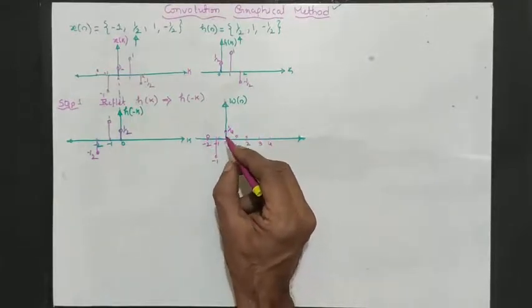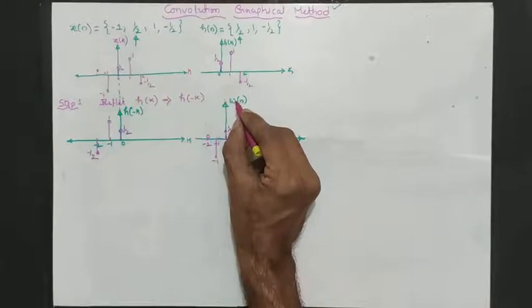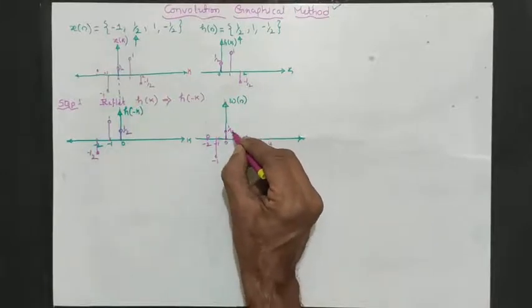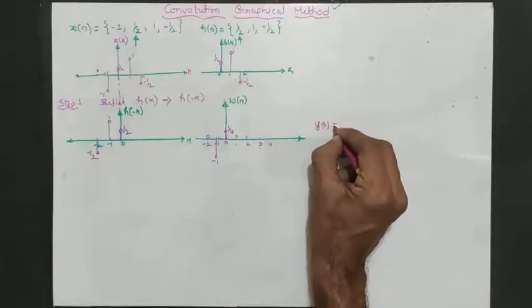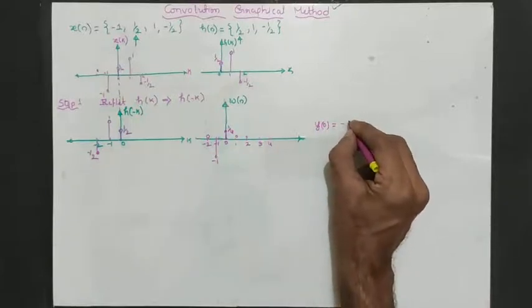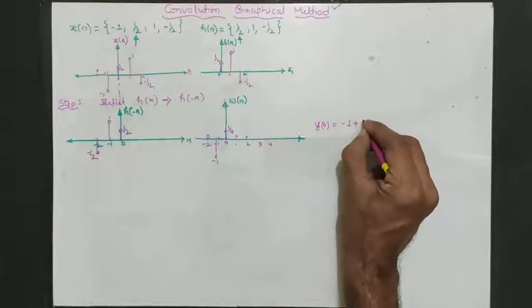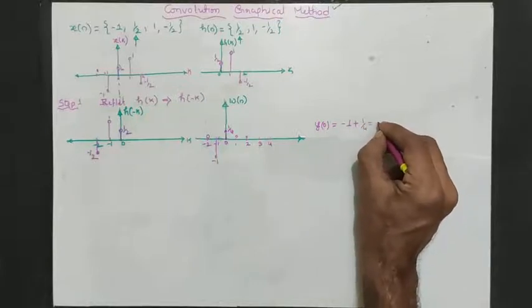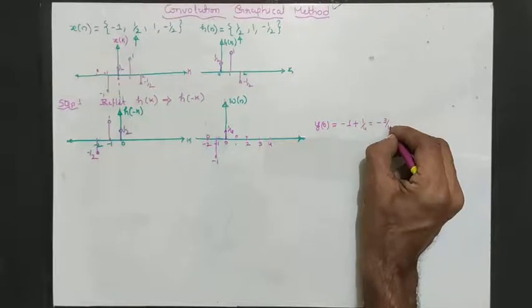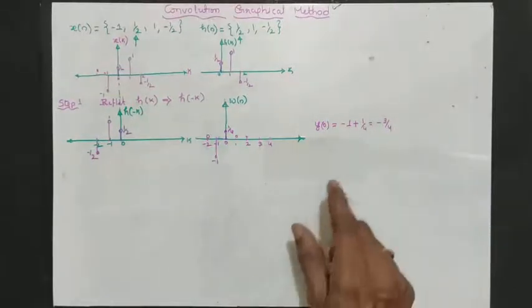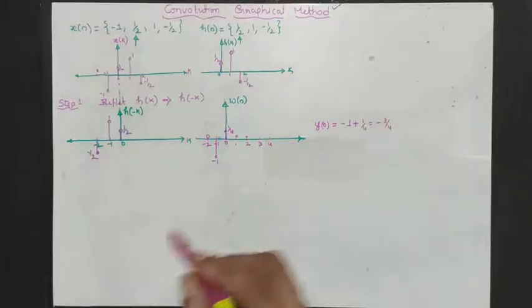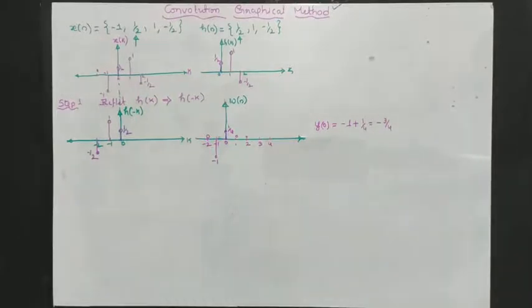Hence graphically I have Wn, an intermediate signal, which is -1 and 1 by 4. Sum it up. Hence y of 0 is equal to -1 plus 1 by 4, which is -3 by 4. Hence I got the answer as -3 by 4. You write down and keep. Later we will draw this signal.